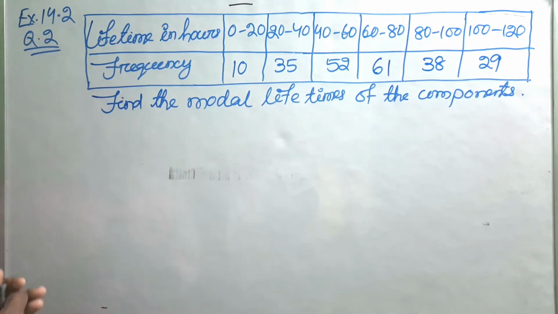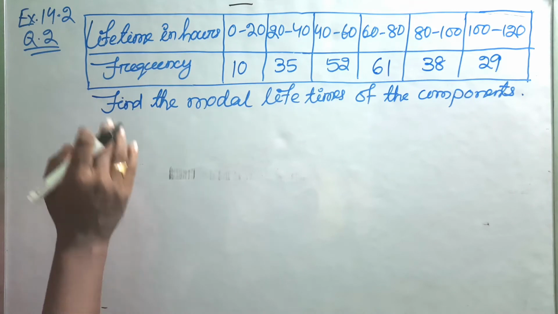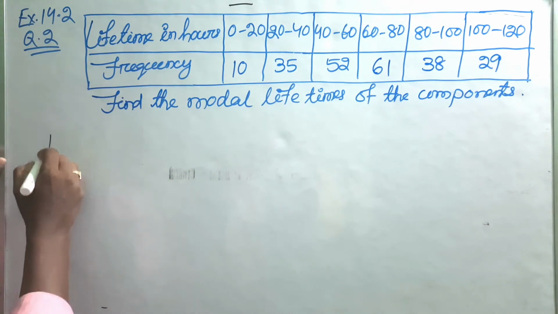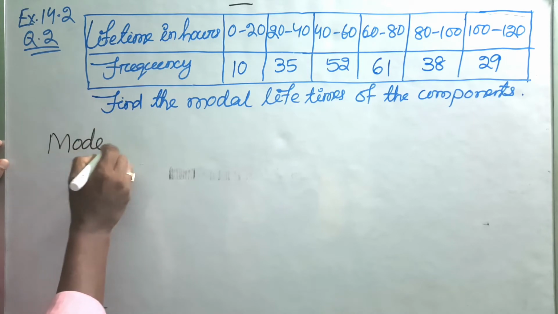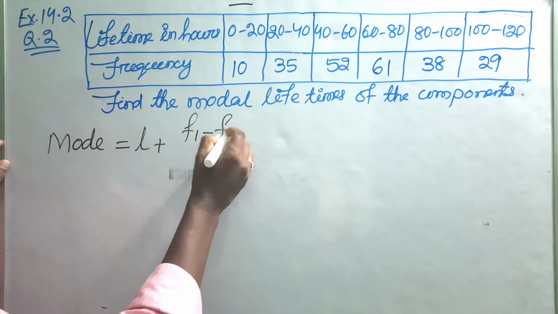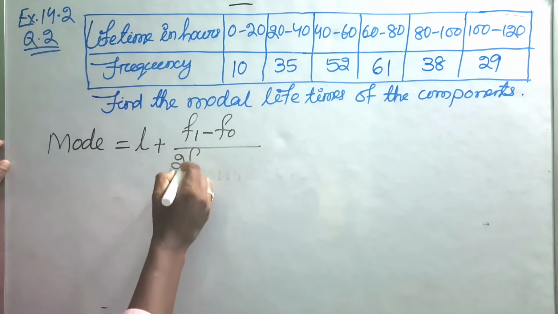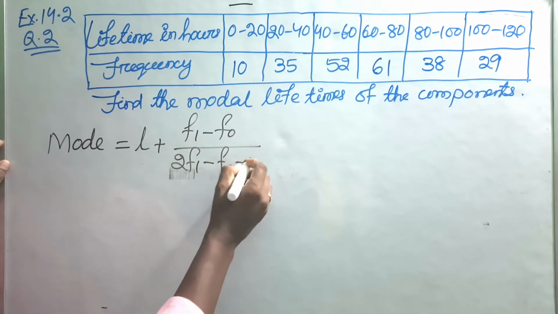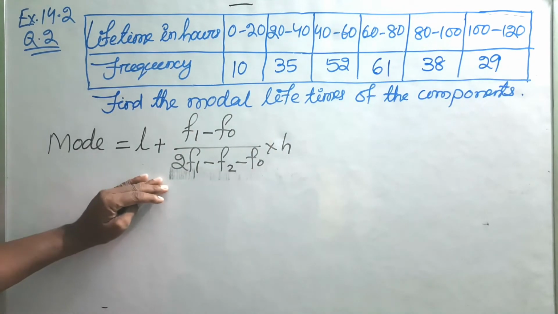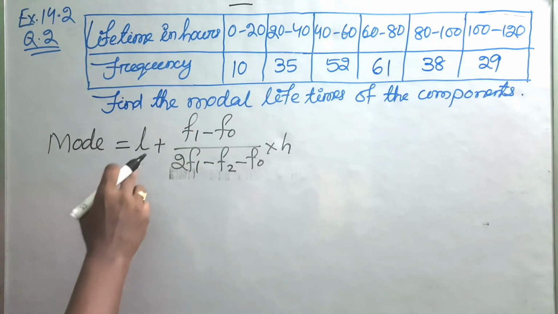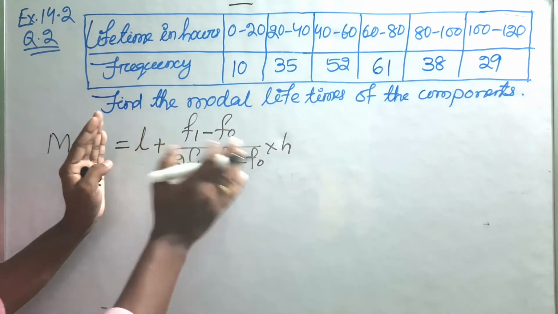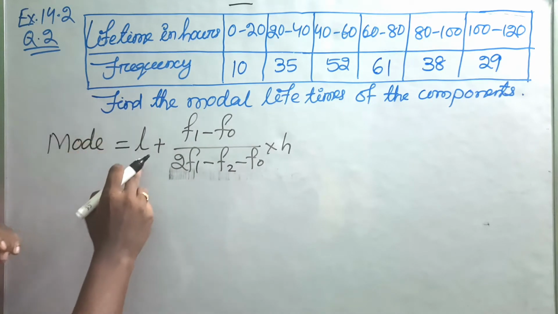Since this is a grouped series of data, to find the mode, first of all we have to apply the formula. What is the formula? This is the formula you have to apply. So what do L, F1, F0, F2 and H stand for?